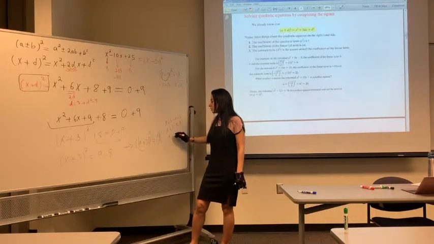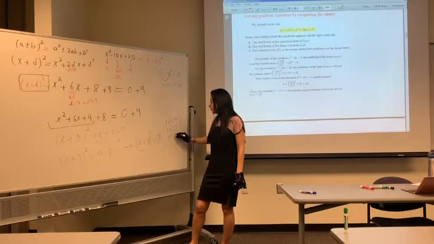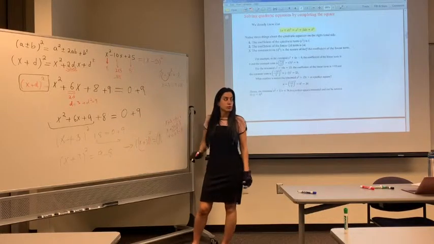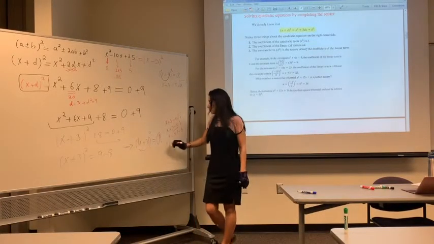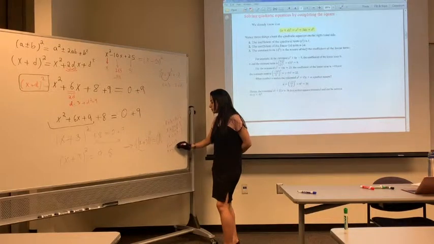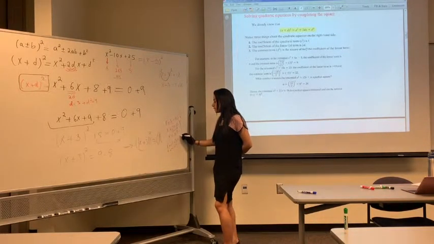x is equal to, let's bring this to the other side, we have plus minus 1 minus 3. So there are two answers for x here now. One answer says, let's use positive 1. Another answer says, let's use negative 1. 1 minus 3 is negative 2.